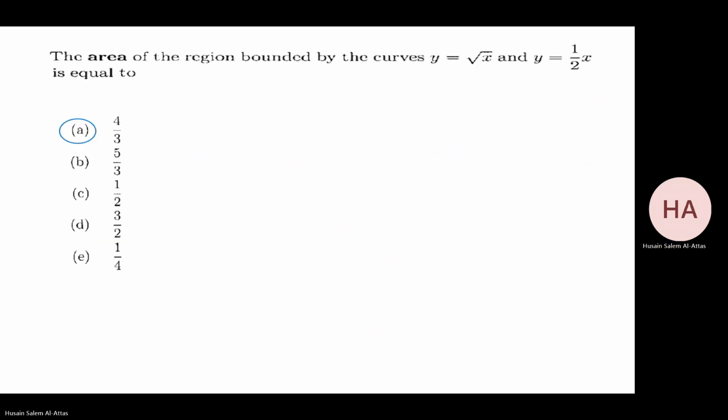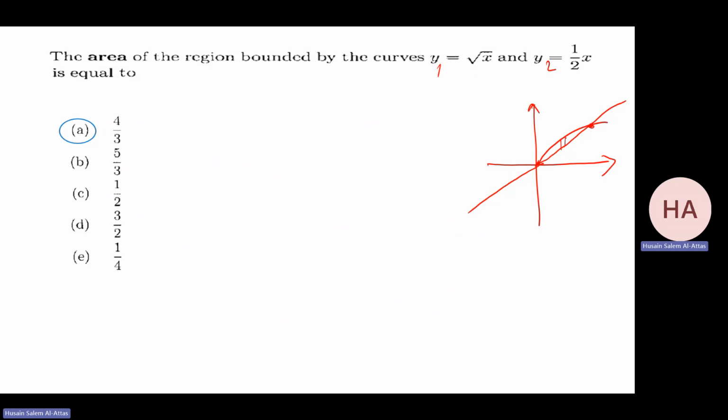Okay. The area of the region bounded between the curves y equals square root of x and y equals half x. Square root of x is this one, half x will be this one. So this is y1, this is y2. Very clear, the strip will be like this. So I need this point.